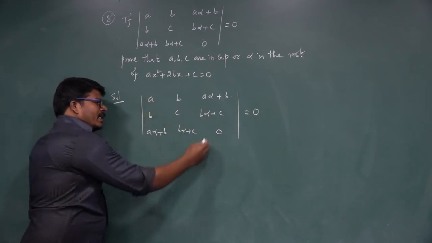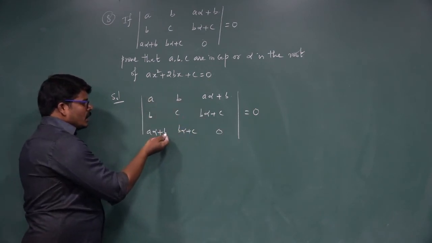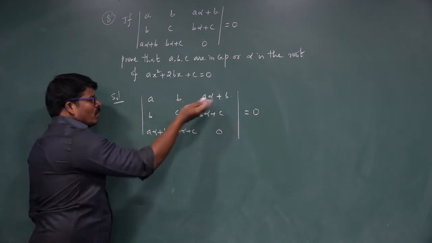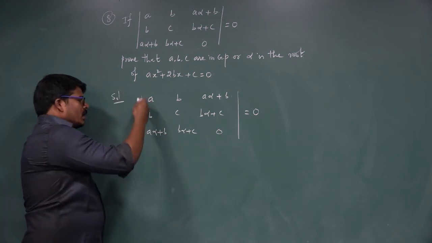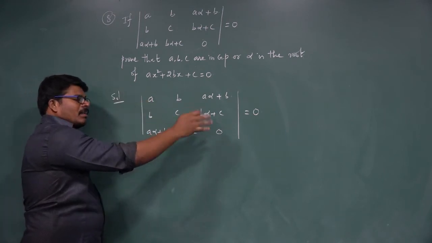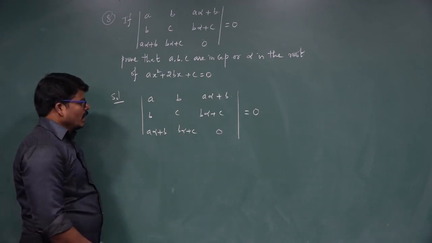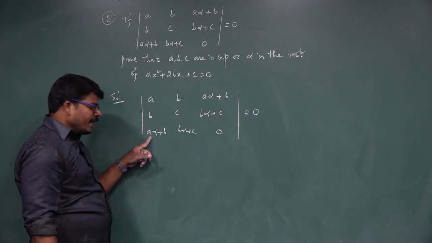Now expanding the determinant, you can take row wise or column wise: first row, second row or third row, any one row, or column wise, first column, second column or third column, any one. Using any method. Now I am taking the third row to reduce the determinant.